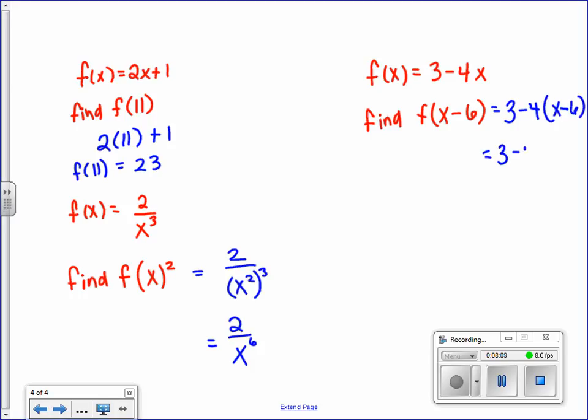So 3 minus 4x plus 24 is going to give me negative 4x plus 27. Negative 4x. Alright. If you didn't get it, you didn't write it down. We're going to talk about domain again for just a second.